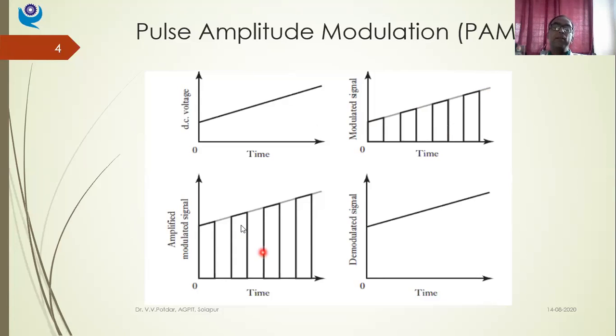The amplitude is amplified. And then this amplified modulated signal is demodulated to get back my amplified DC voltage. So through this pulse amplitude modulation, I am avoiding the effects of drift or upset. Those are obtained in my operational amplifiers.